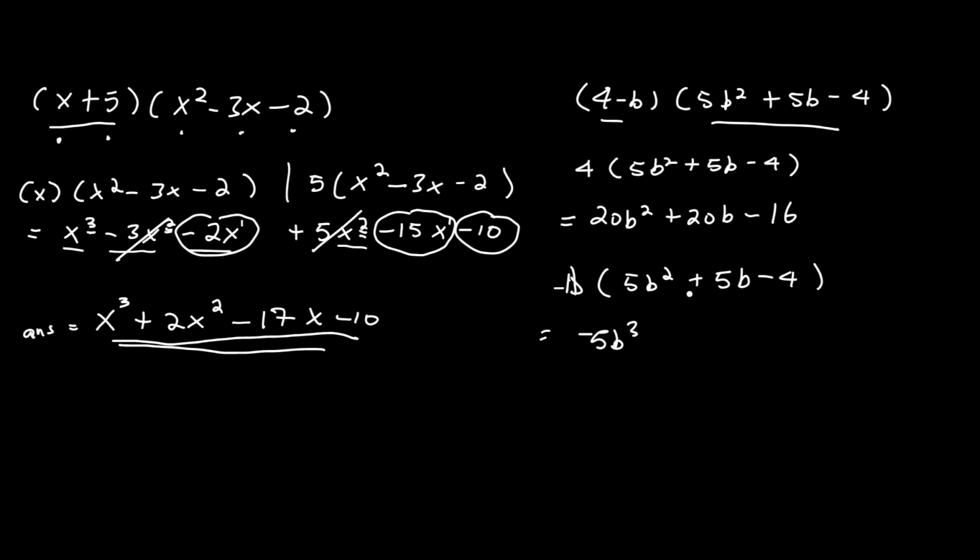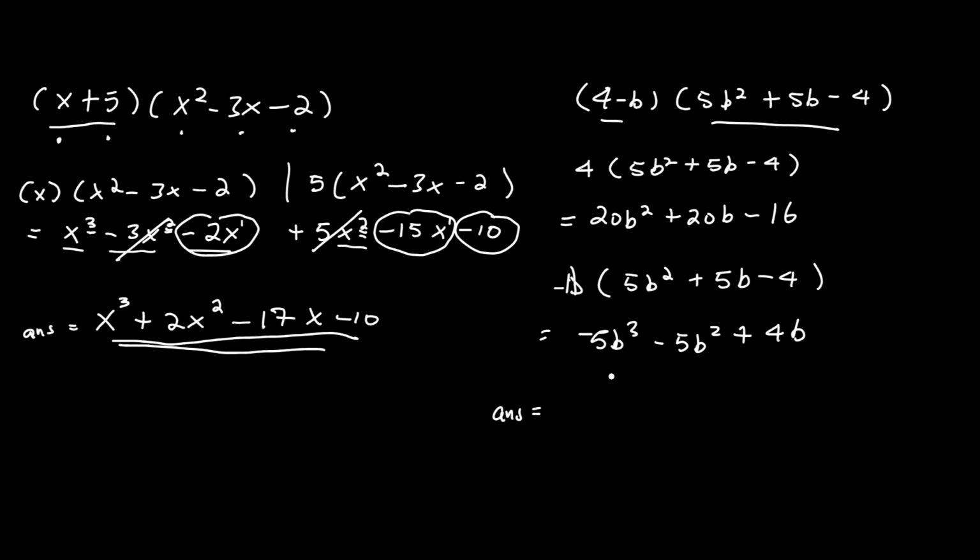Negative b times positive 5b will be negative 5b squared. Next, negative b times negative 4, a negative times a negative is positive 4b.